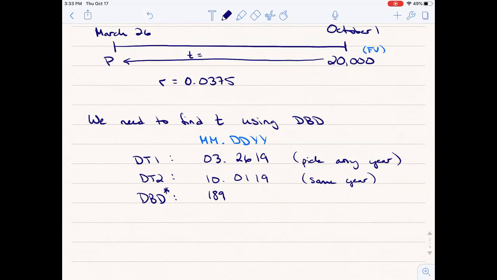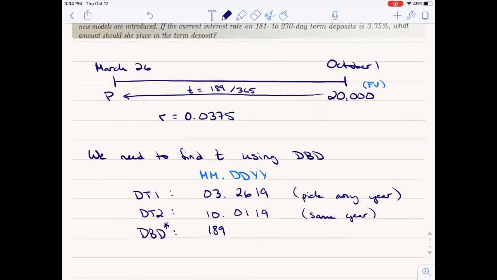All right, so now we know that the time is 189 days, but time, remember, has to be in years. And so time is going to be 189 divided by 365. Remember from last day we said we assume that every year has 365 days. Right? 12 months, 52 weeks, all that fun stuff. So we've got T, we've got R, we've got the future value.